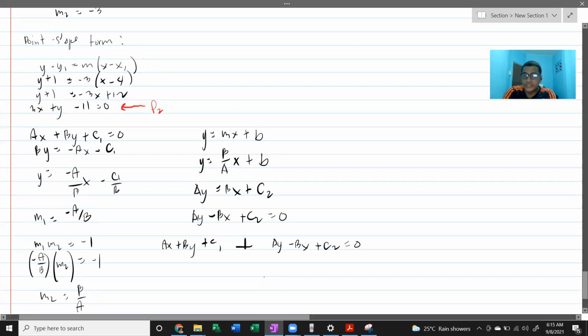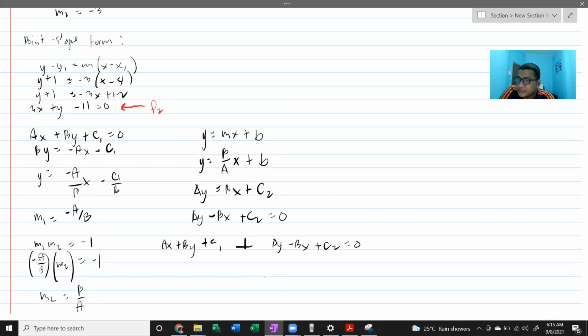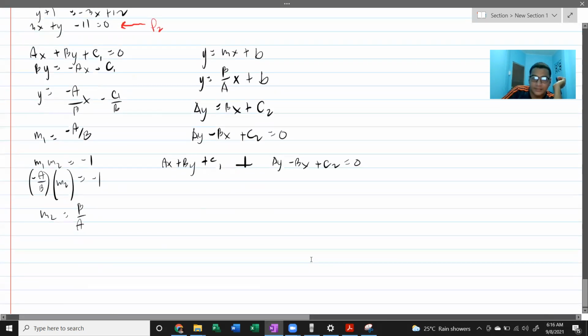These two are perpendicular lines. Now, by inspection, we can see that the coefficients of x and y interchange. Nagkapalitan lang sila at nagbago yung sign. Okay? Right?